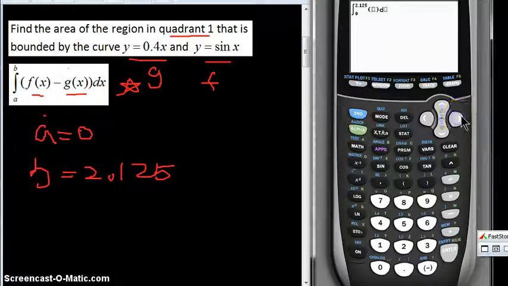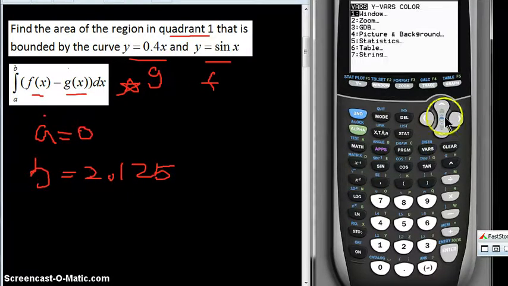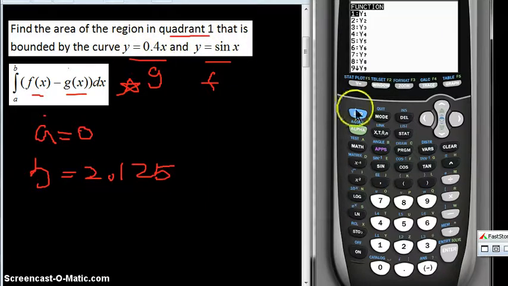And then for my equation, I don't have to type it all over again. I'm going to go to my variables, go to Y-vars, function, and remember, it's the sine x, the trig function, minus the linear function.